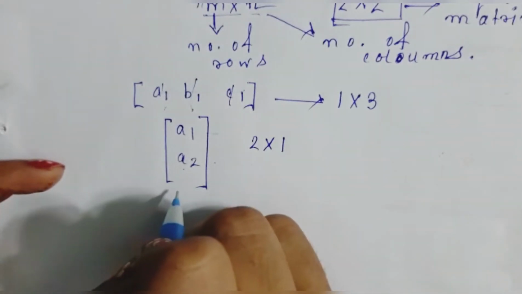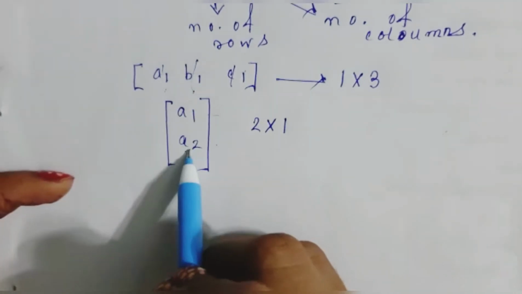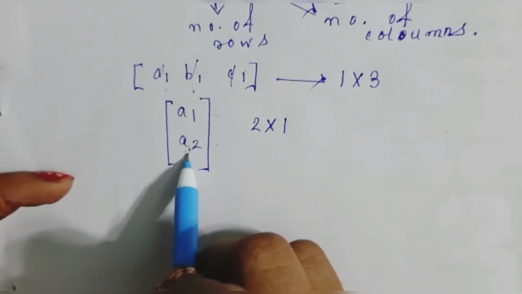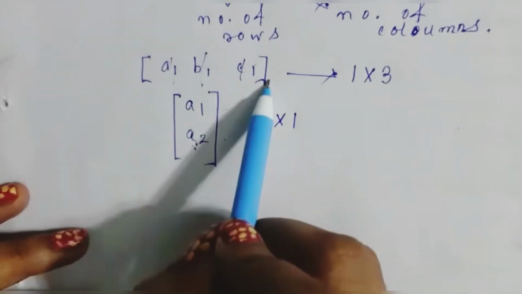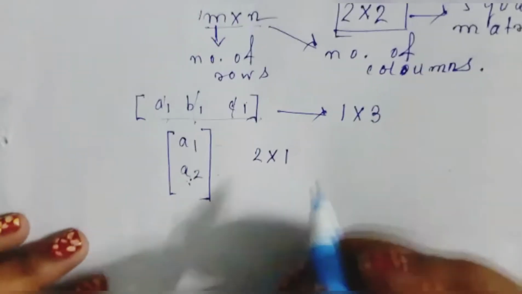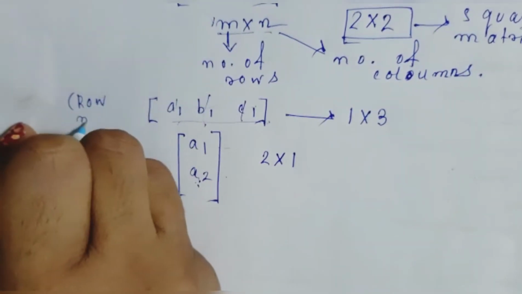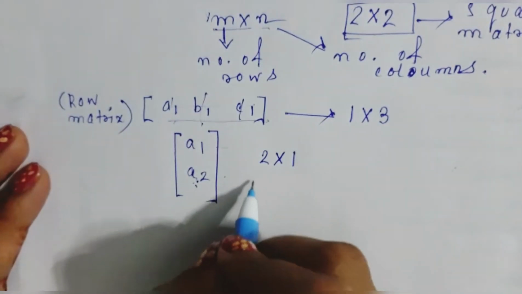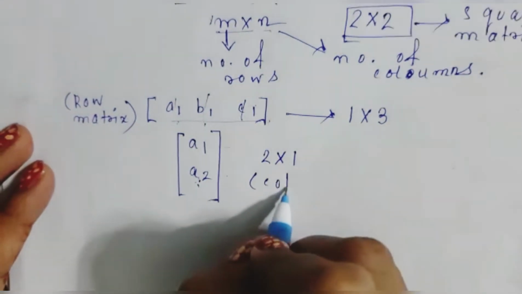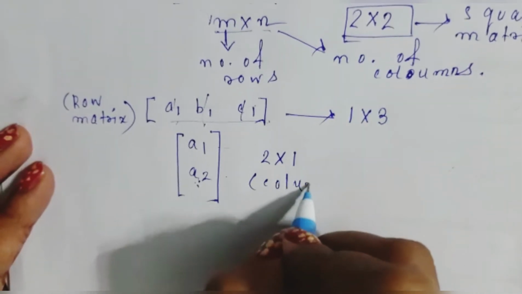This is a column matrix, and the other one is known as a row matrix.